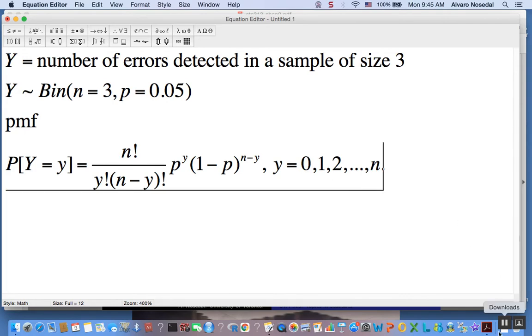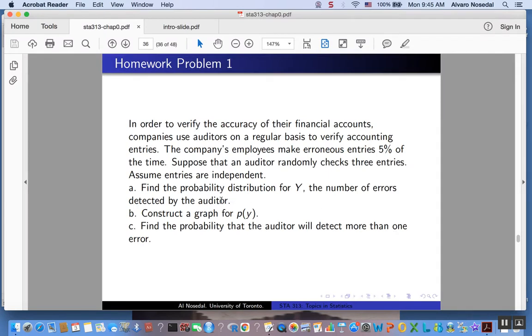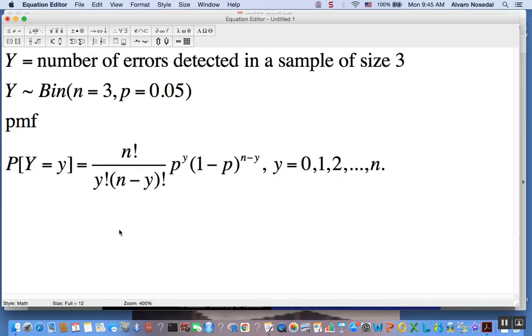So let's go back to our problem. We want the distribution for that random variable Y. Remember that a probability distribution is just a list of possible outcomes with the corresponding probabilities. So in this case, if n is equal to 3, we could have 0 errors, 1, 2, or 3.